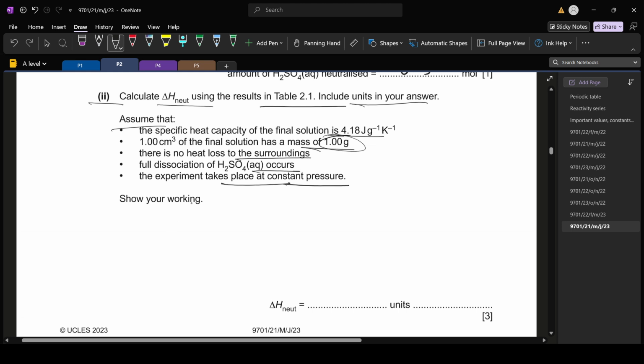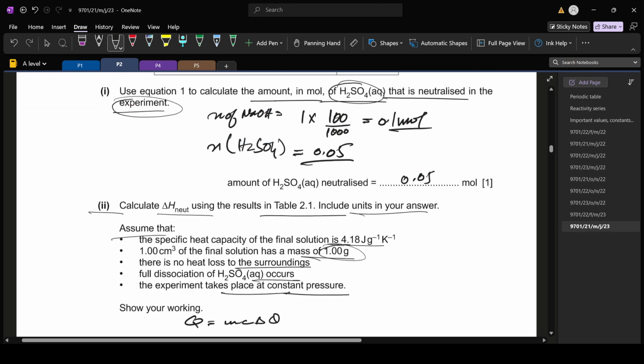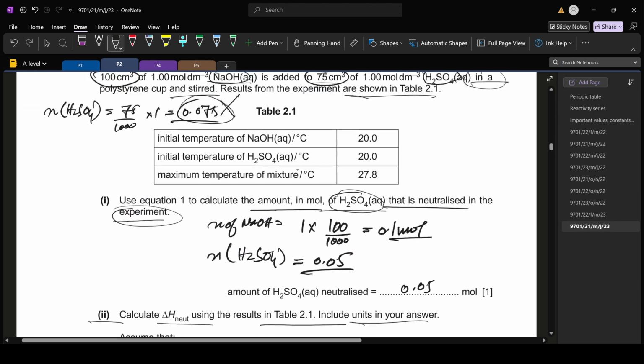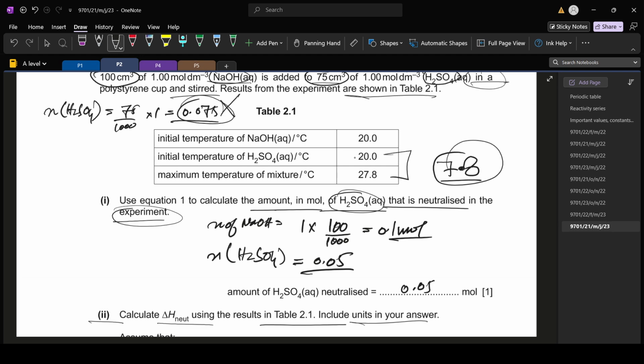So you will use the equation q equals mc delta theta. That theta is the change in temperature. Okay, so the change in temperature is actually 7.5. You can see from this, the initial temperature was 20 and the final temperature, or you can say the maximum temperature, was 27.5.